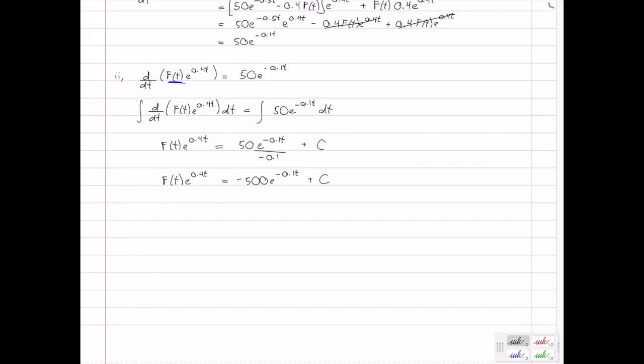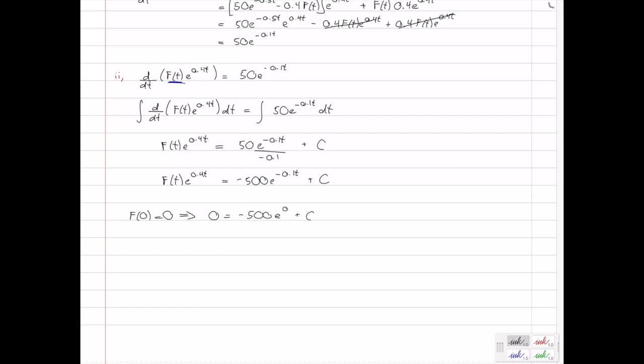Okay, now we also had given in the question that initially the concentration was equal to 0. So that was the first thing we wrote down. That was f of 0 is equal to 0, and we used that initial condition to help us find our constant c. So if I substitute that in, this is what I'll get. I'll get 0 times e to the 0.4t, which is just 0, equals negative 500 e to the 0 plus c.